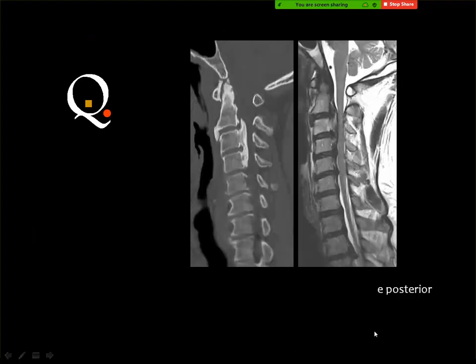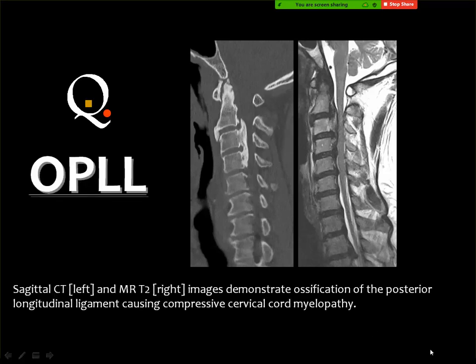OPLL. Yes, ossification of the posterior longitudinal ligament. And there is also anterior ossification, OALL. But I would like you to know that whenever ossification is extensive like this, sometimes it develops bone marrow inside the ossified ligament.